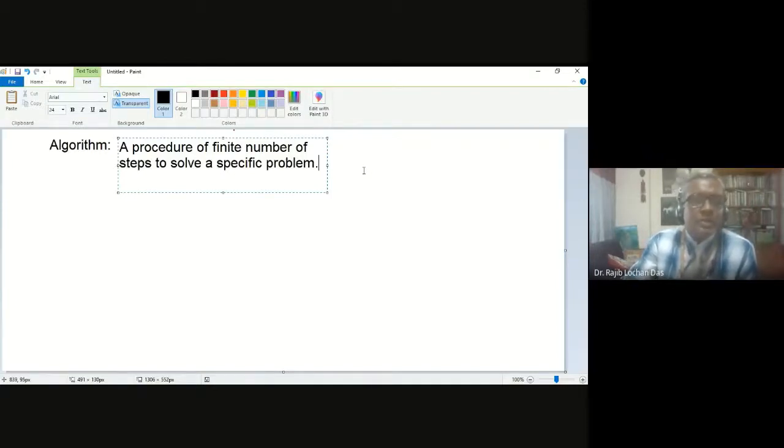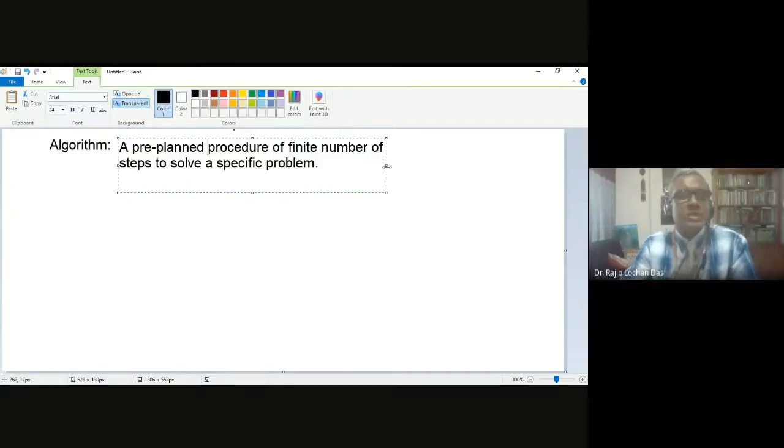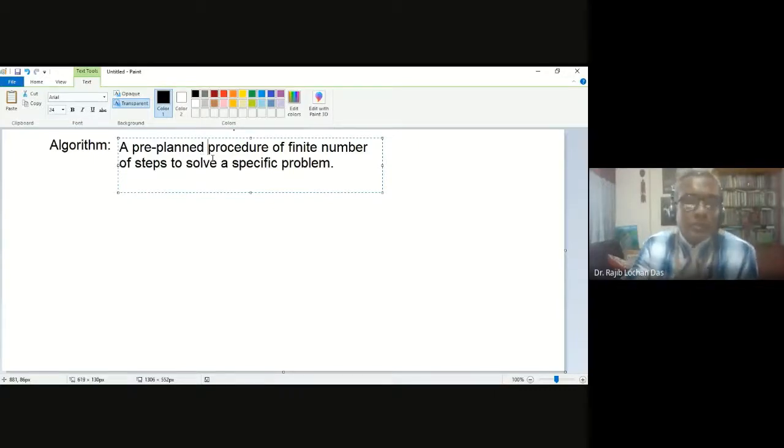But the main point is it is a process or procedure, and I can also write pre-planned. That is, you will make the plan previously. Or well planned or organized plan procedure, like that you can use some words. Finite number of steps, this is important, and step by step, that is also important.